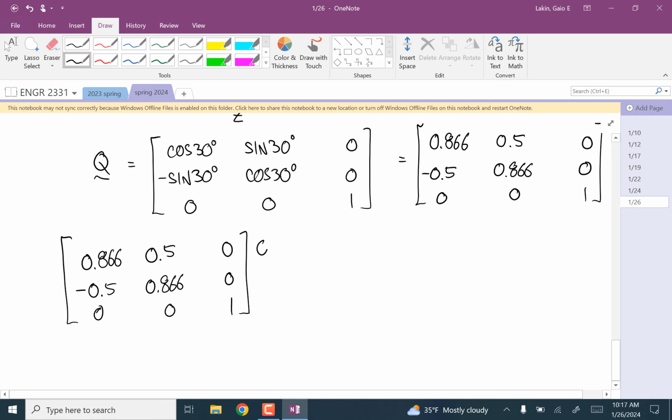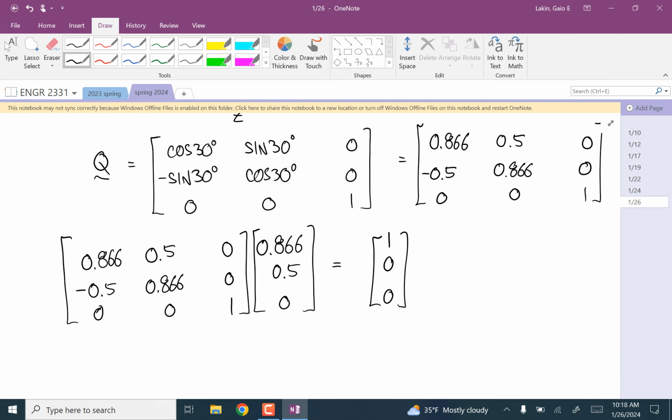So it's this times 0.866, 0.50, and if you multiply these two together, you get what we knew we should get, 10. 0.866 squared is 0.75.